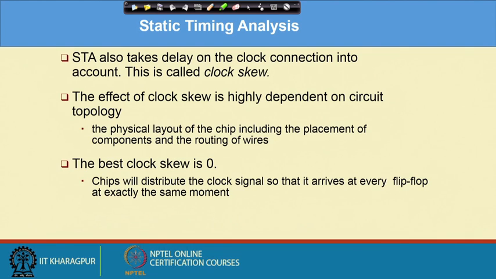Then we can consider the clock skew as 0. So clock skew is the time gap between the closest one and the furthest one. This is the concept of static timing analysis.